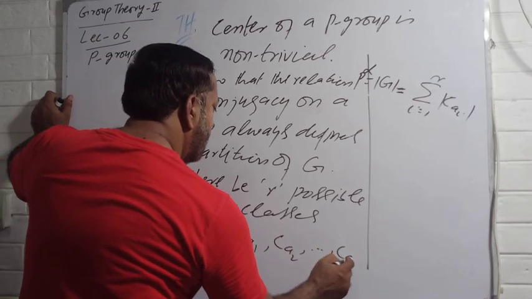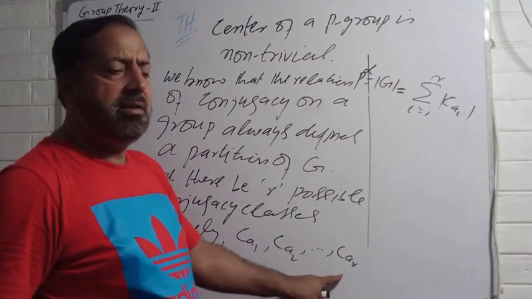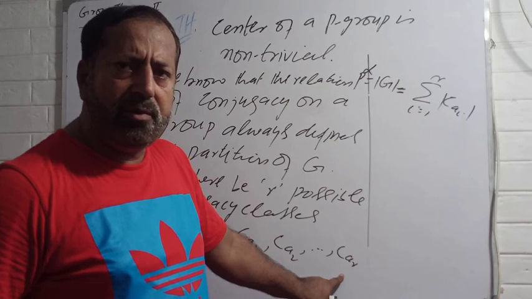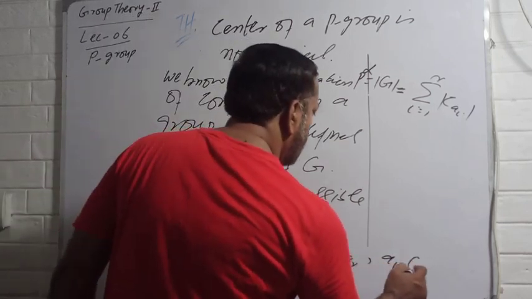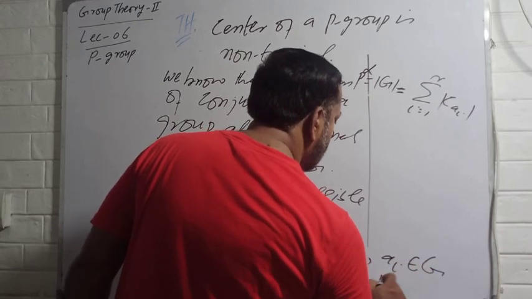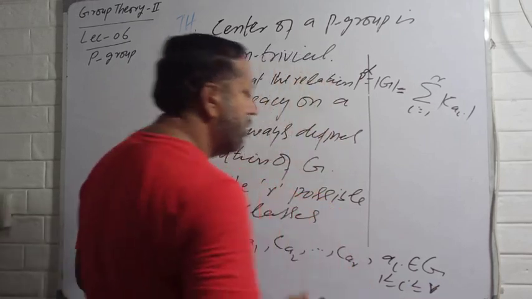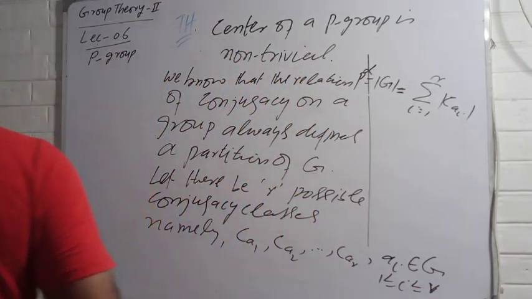Of course, a_1, a_2, up to a_r are the representative elements of your group G, where a_i belongs to G, 1 less than or equal to i less than or equal to r. Okay. Next.